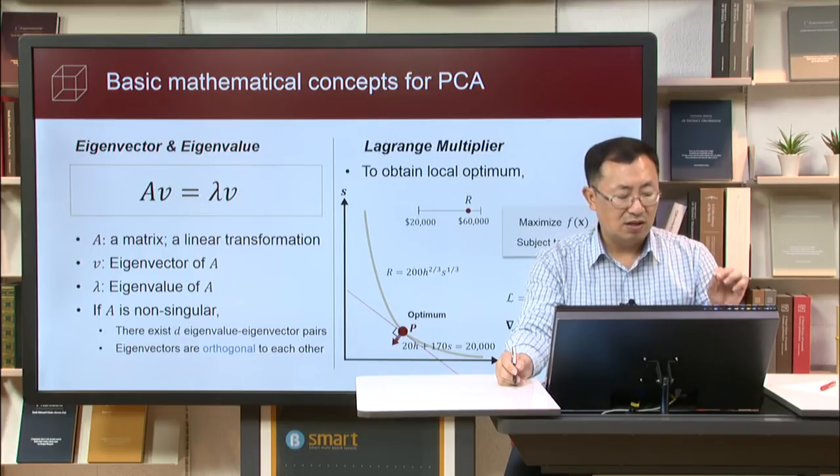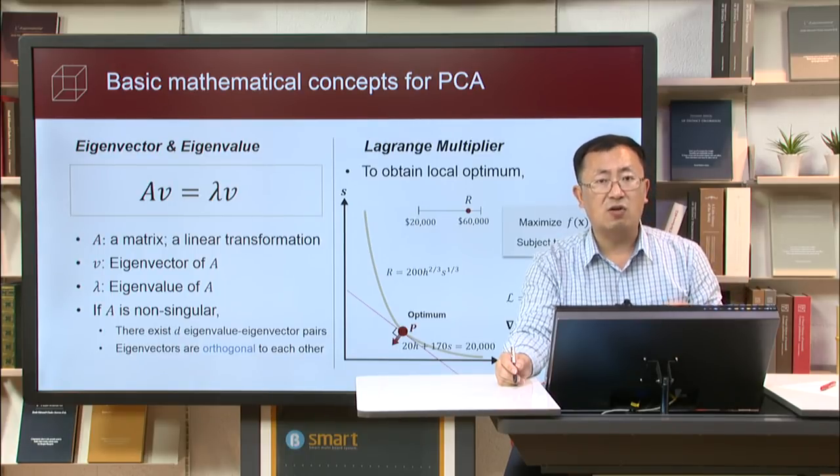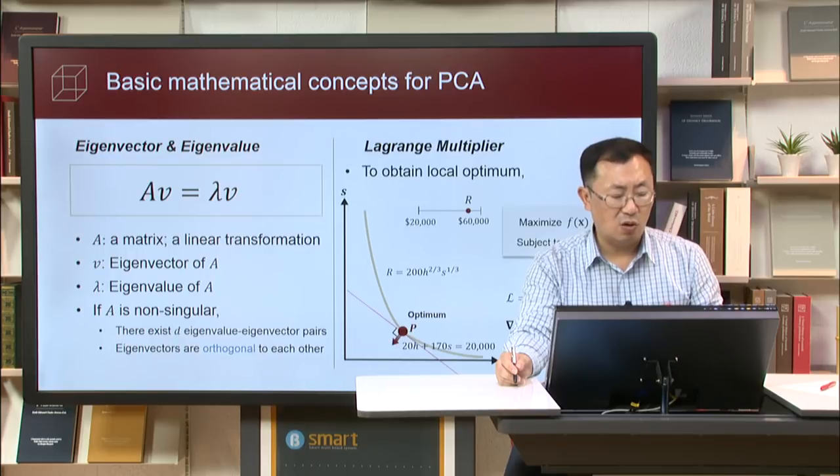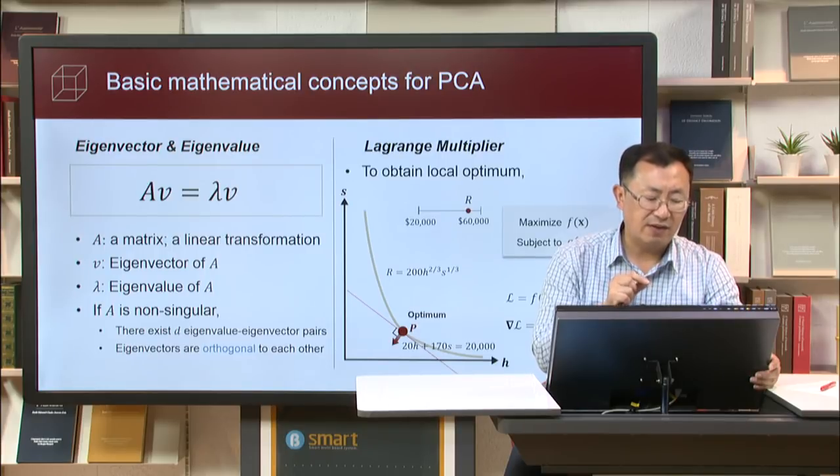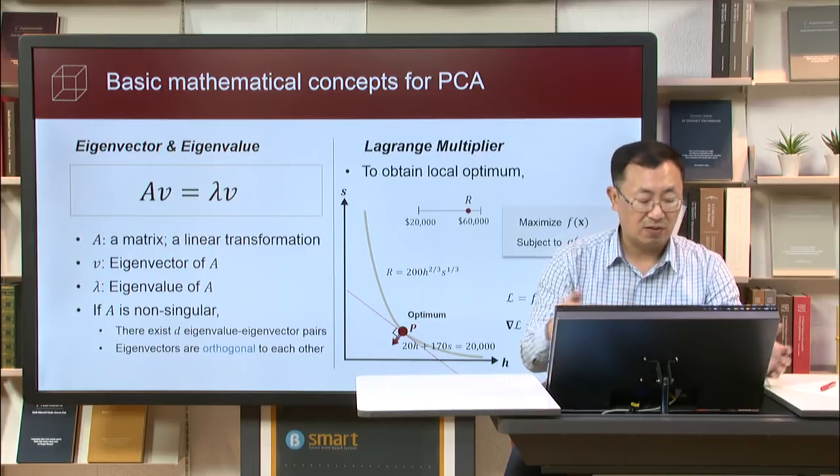If so, lambda is called an eigenvalue of A, and v is called an eigenvector of A. And you can find more than one eigenvalue and eigenvector, right?